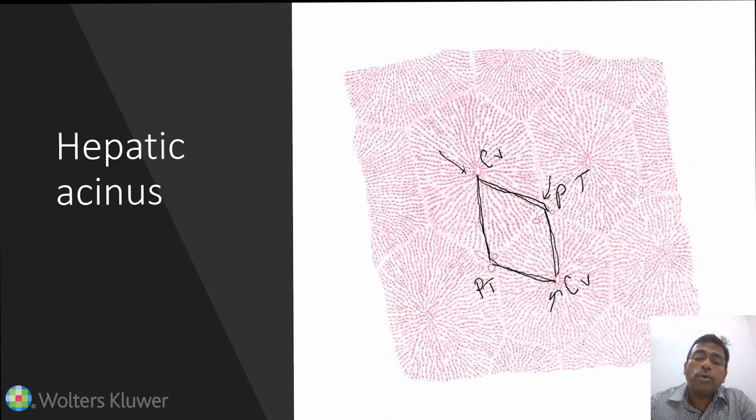Now, as you know, the blood vessels present at the portal area, the portal triads, will give a branch in the connective tissue. So they give a branch, and branches from these vessels will deliver the blood into the sinusoids. And the hepatocytes in this entire region of the acinus will receive its supply from this vessel here.